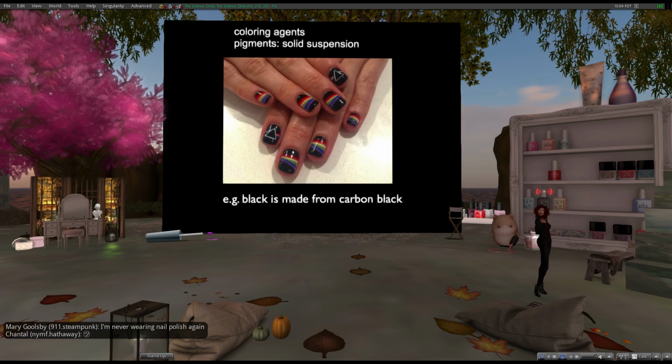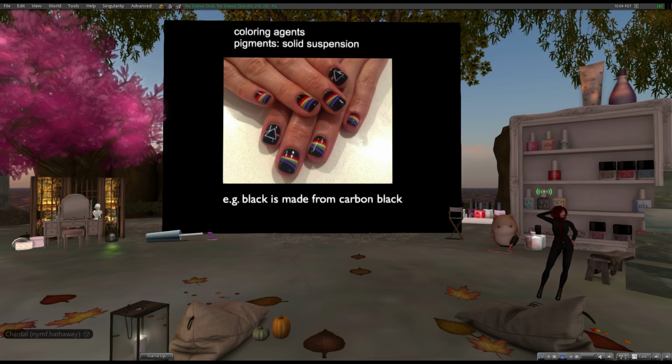And of course, one of the most important additions is the coloring agents. These are pigments. They absorb some wavelengths of light and reflect others. They're solids held in suspension in the liquid, and when the liquid evaporates, the solids are left behind with the nitrocellulose, giving it color. For example, the black is made of carbon black.